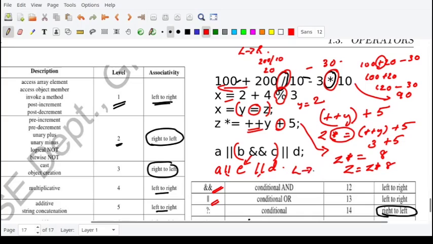It is left to right associative. So you find the leftmost OR operation, which is this. So first you will do A or E. Then to that result you will OR D. Okay. So that is how precedence and associativity work. Thank you.